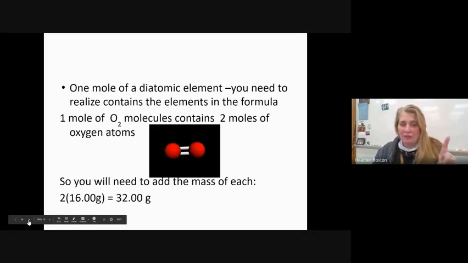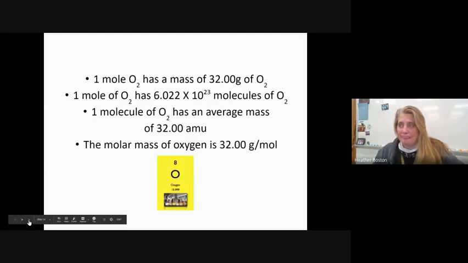So 2 oxygens each are 16. We have a total mass of 32.00 grams per mole in O2. So you still have 6.022 times 10 to the 23rd molecules per mole, because it's a counting, but the molar mass is twice that, or 32.